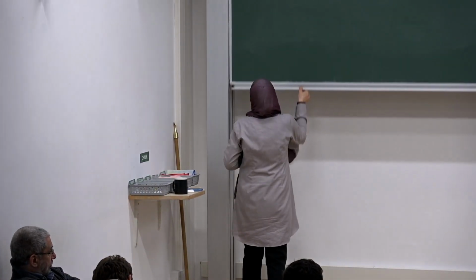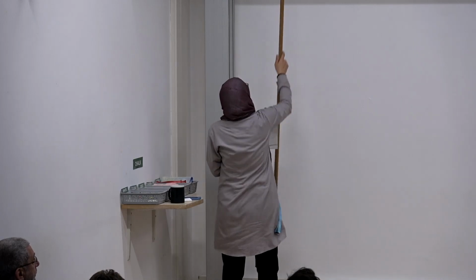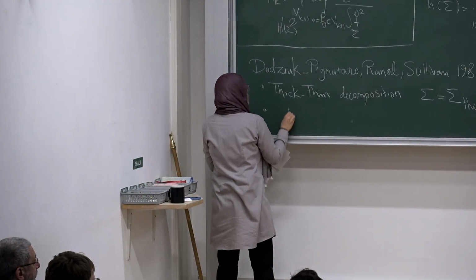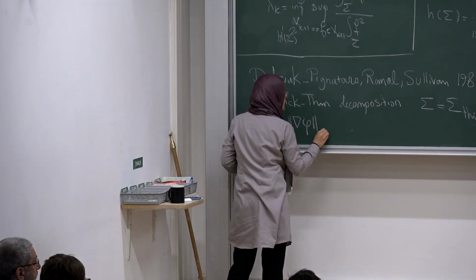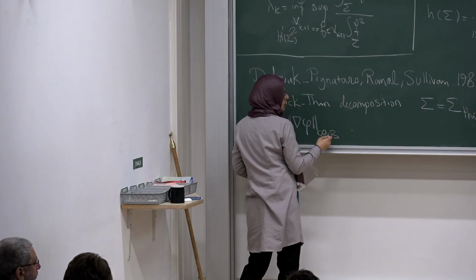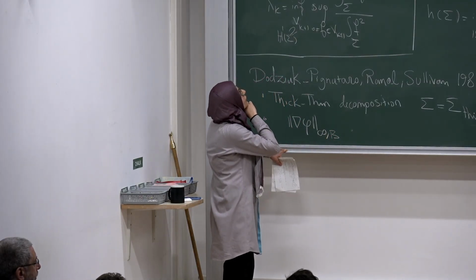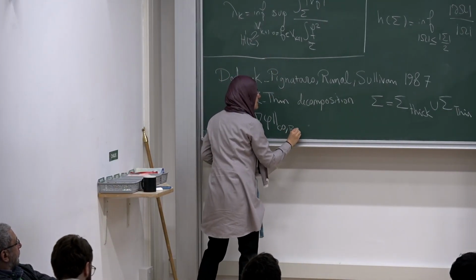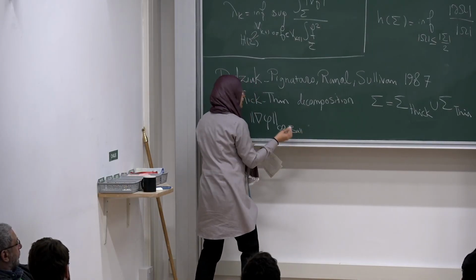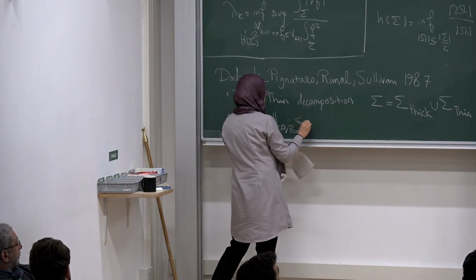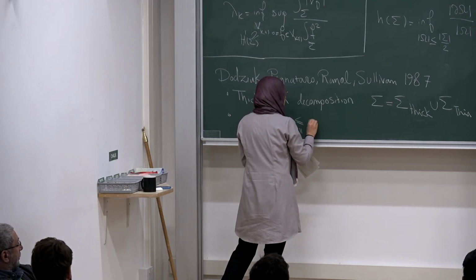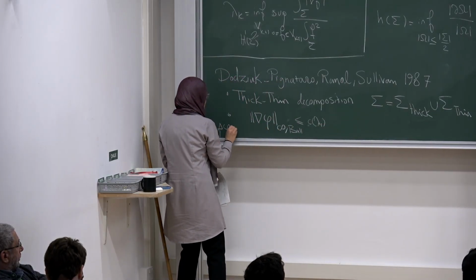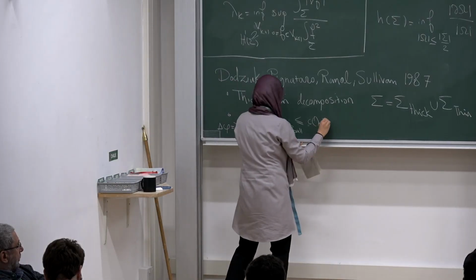So the second idea that they use is this: if you have an eigenfunction, then the sup norm of it on a ball is controlled by the first eigenvalue, so I put a constant times lambda 1, where the Laplacian of phi is lambda 1 phi, or lambda k phi, it doesn't matter.